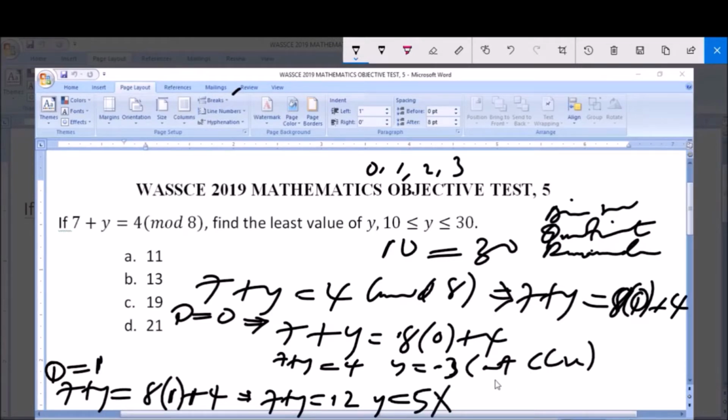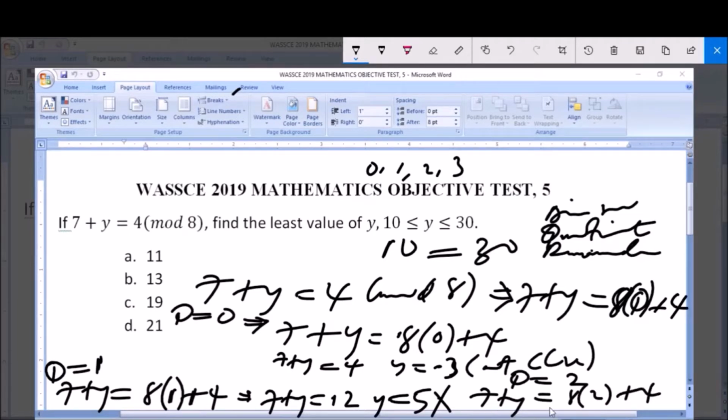Now let's make q 2. The quotient is now 2. So we still have 7 plus y equals 8 into 2 plus 4.